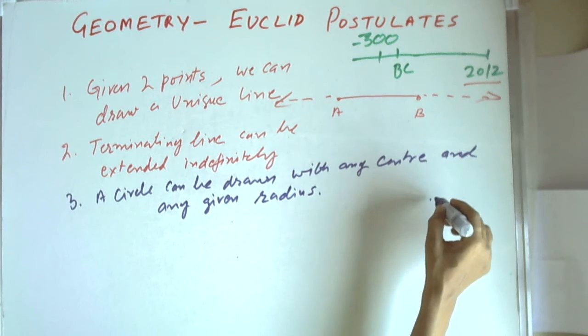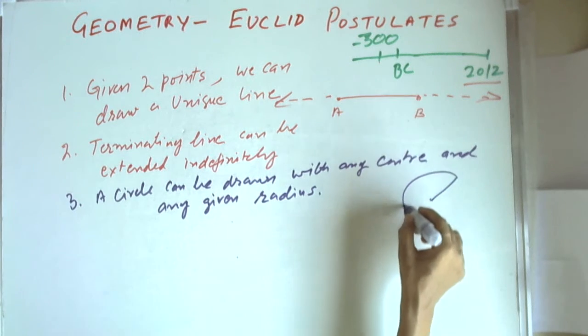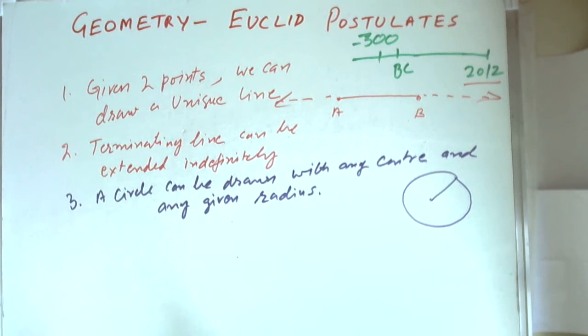So we can have a center, and if we know the radius, then we can draw the circle. So if we have a given center point, and then we have a given radius, then we can always draw a unique circle. So this is postulate number 3.